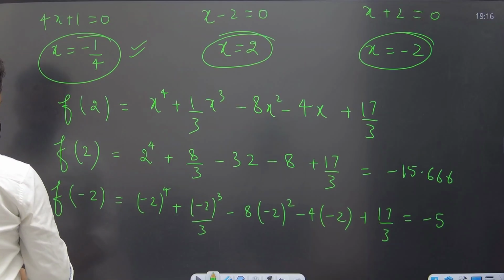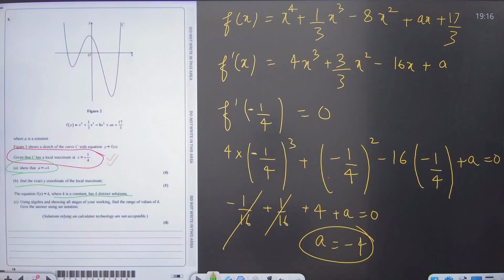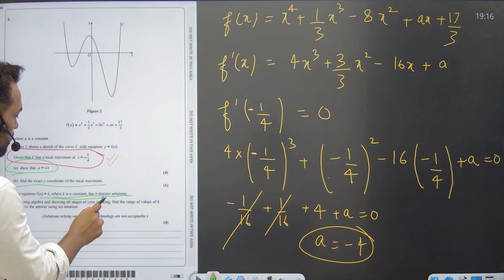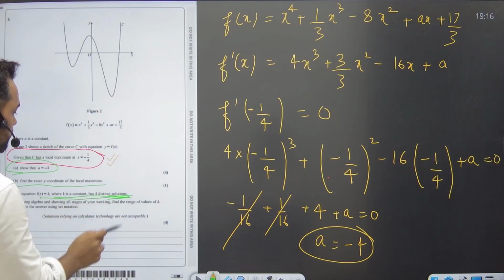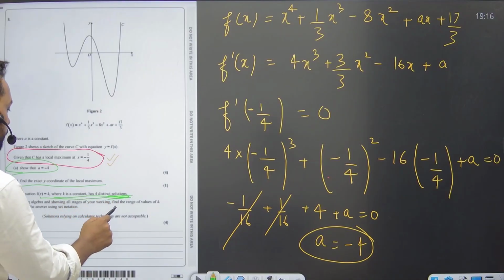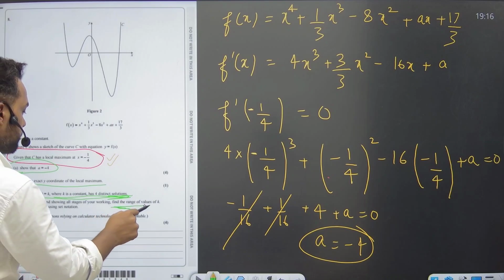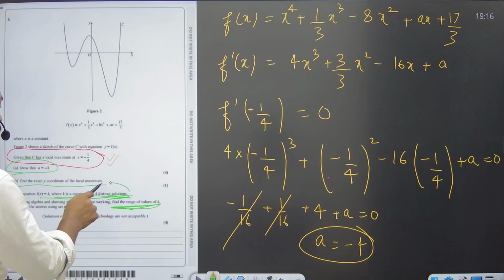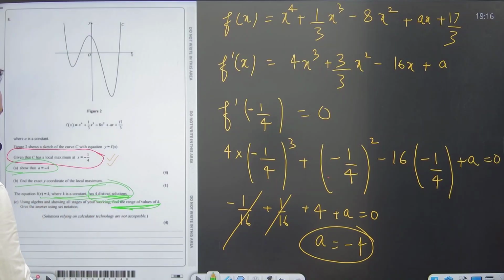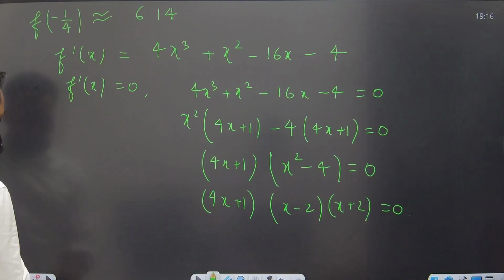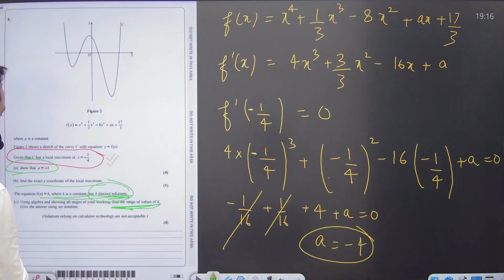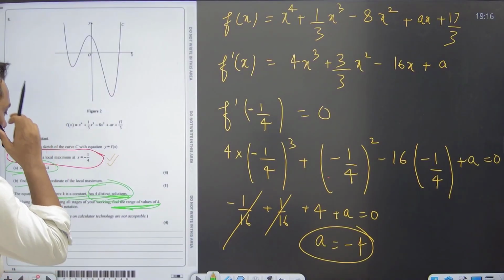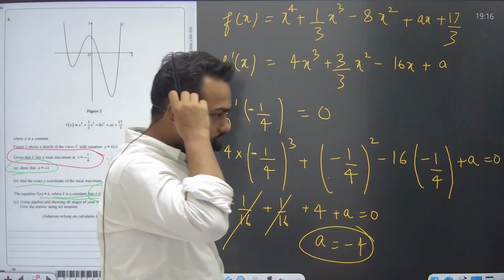Now come back to the question. The equation f(x) equals k, where k is a constant, has 4 distinct solutions. In the question, it is mentioned to find the range of the values of k. For 4 distinct solutions, student, this particular function must lie between the local maximum and local minimum.